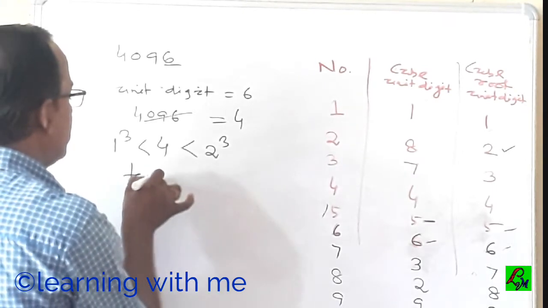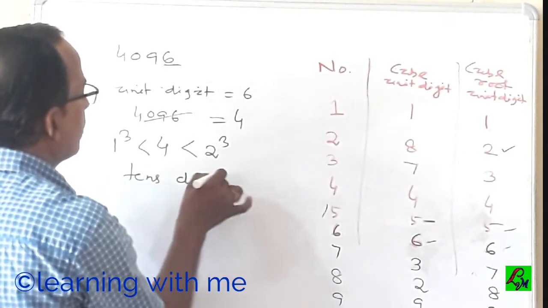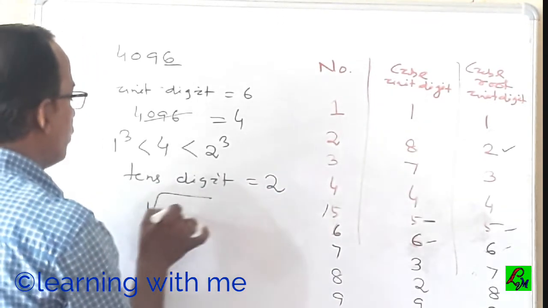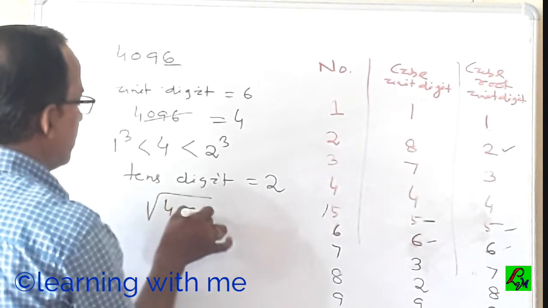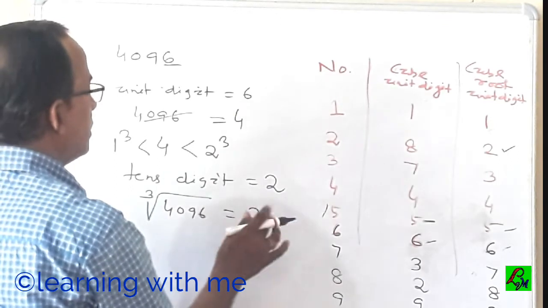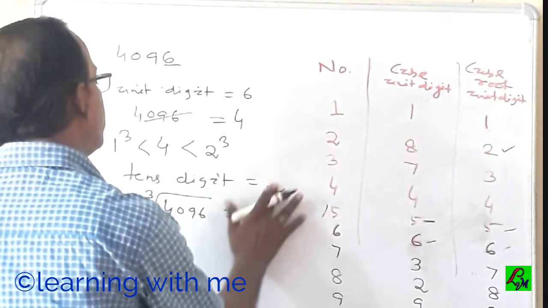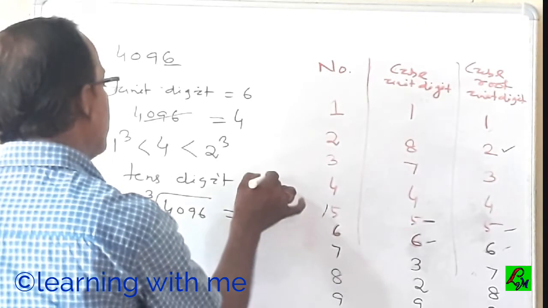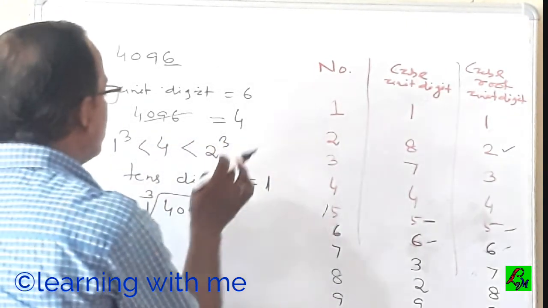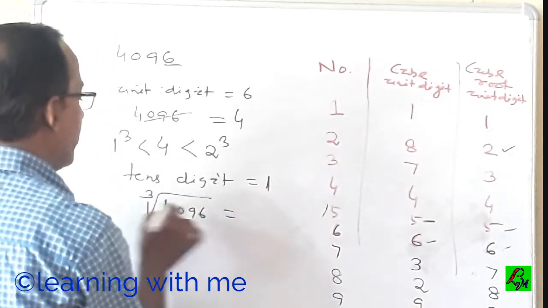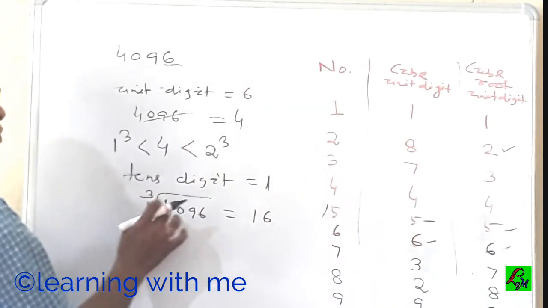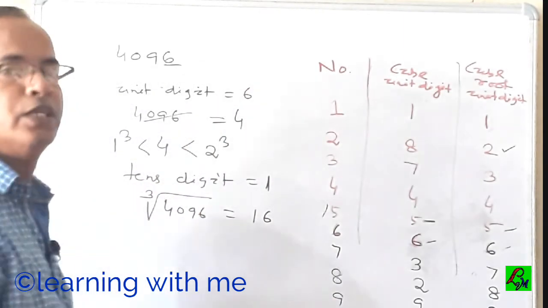So the tens digit equals 1, because 4 is greater than 1 cubed and less than 2 cubed. So the tens digit is 1 and the unit digit is 6. So the cube root of 4096 is 16.